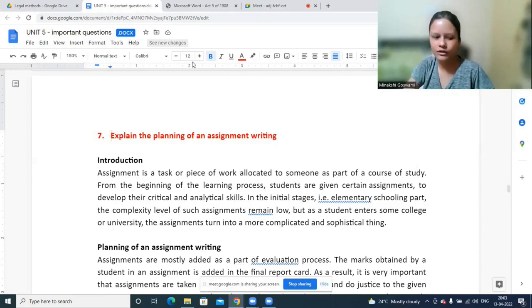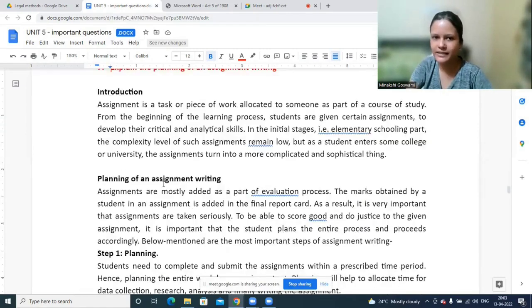If we talk about legal education, there also assignments are given, right? Maybe that you research cases relating to contract by a minor. It is in order to develop critical thinking and research skills. So there are many different purposes that assignment writing serves.